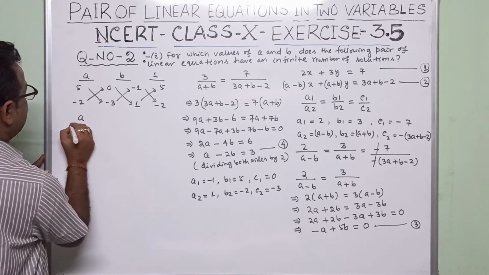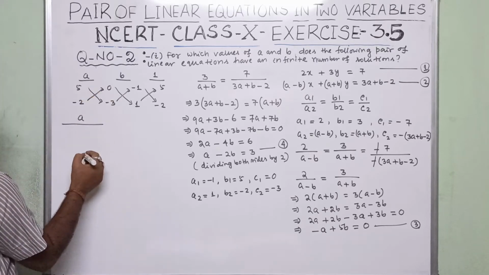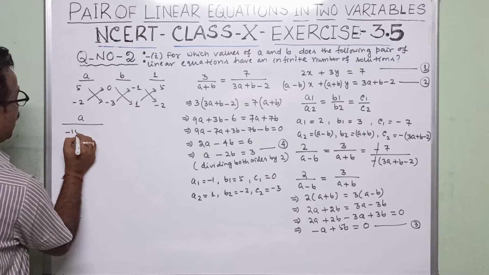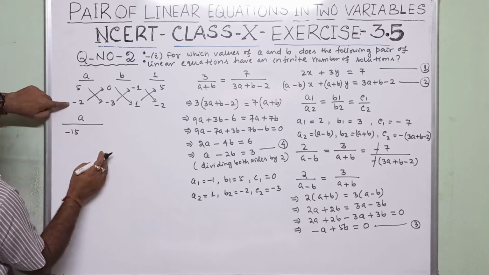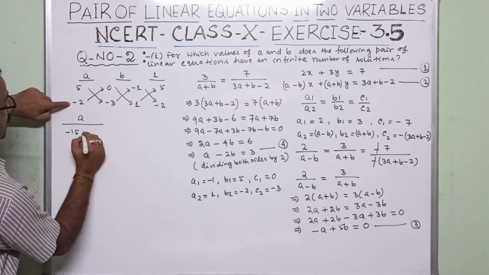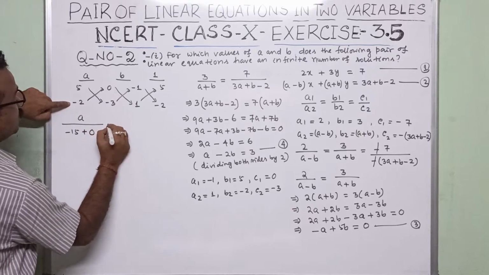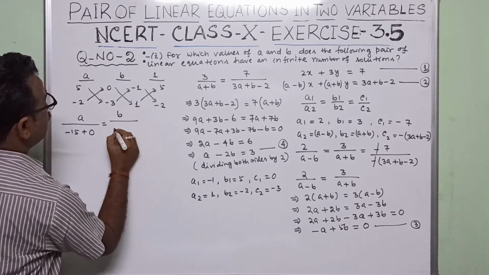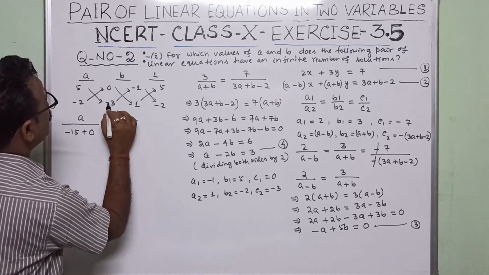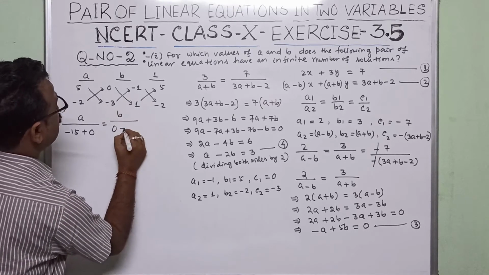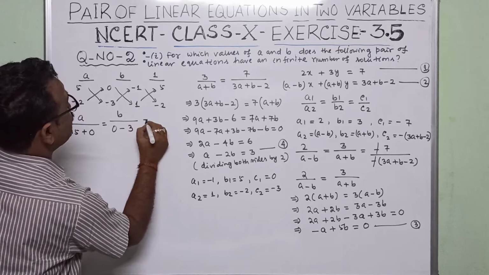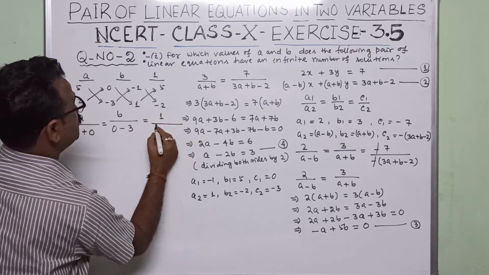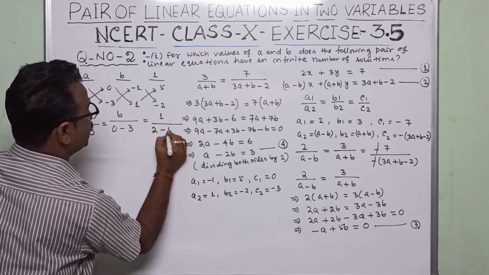So A by how much are you getting? 5 minus 3 minus 15 minus into minus plus 0 is equal to B by 0 minus plus minus 3 is equal to 1 by minus plus 2 minus 5.